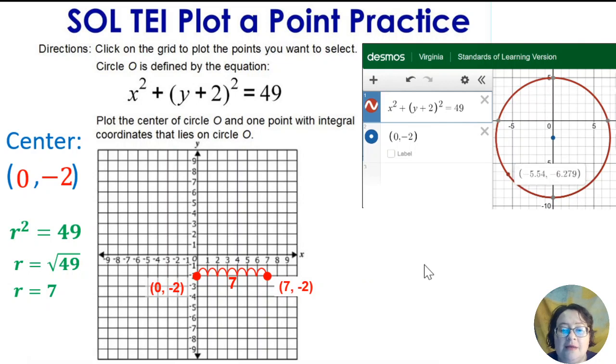So as I move my mouse around the circle, it gives me those points, and it will let me know when I land on integer points. So we had (-7, -2) would be 1. And we could continue scrolling along until we found another one. (7, -2), that's the one we graphed. So Desmos will let you trace along the circle to find those other points.